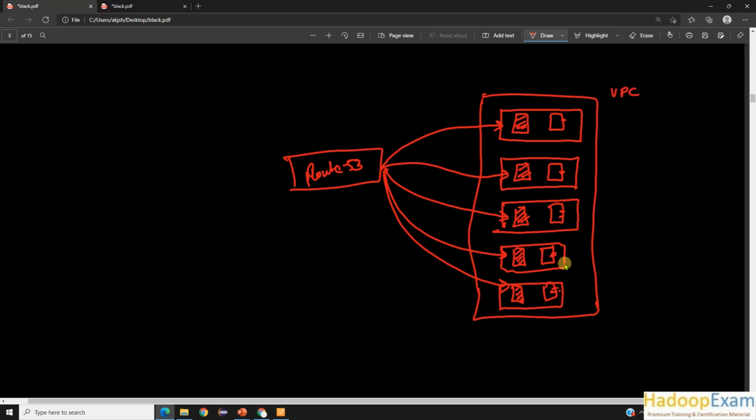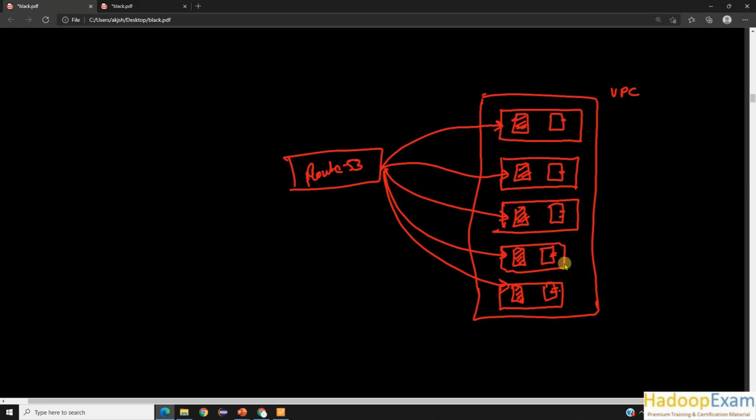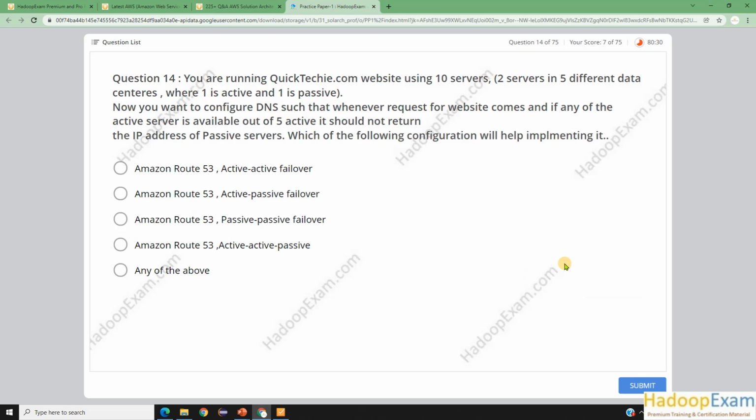It should be served from whichever active server is available. Even if four are down and only one is active and working, and the 5 passive ones are in standby mode, it should respond from that one. So what kind of configuration would you have in this situation?